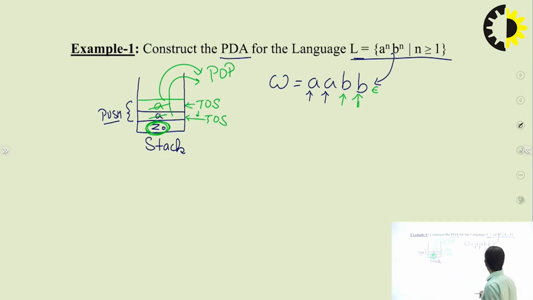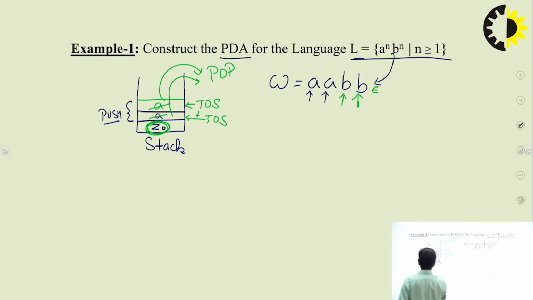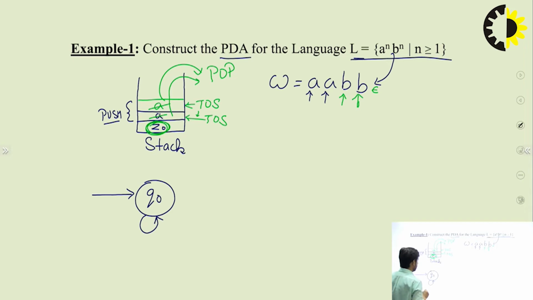So let's construct the PDA for that. As usual, we draw state Q naught, the initial state. Initially, when the input is A and the top of the stack is Z naught, we pop the Z naught and push A Z naught.